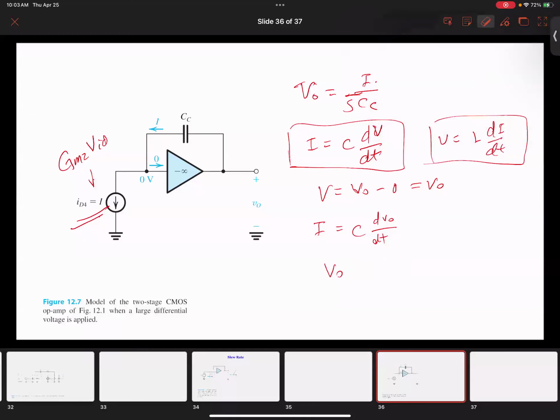We have dVO equals I over C dt. So we have VO equals I over C times the integration. If I is constant, the integration is basically over T; if I is not constant, the equation does not apply. So we can write this as I times T over C.